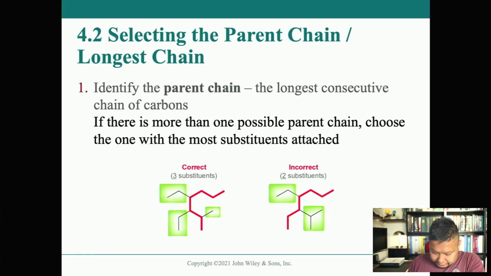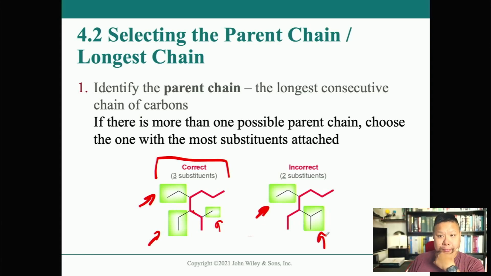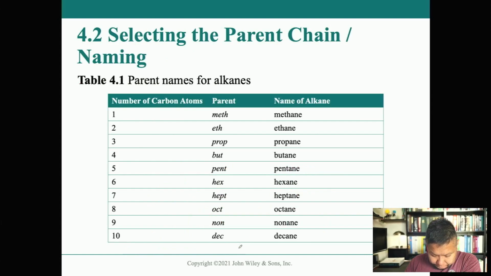You could choose this one here, where you have 3 substituents, this ethyl group and this methyl group, or you could pick this one, where there's just an ethyl group and a propyl group. So what's going to be the correct one? It will be the one with the most substituents on it, 3 substituents.